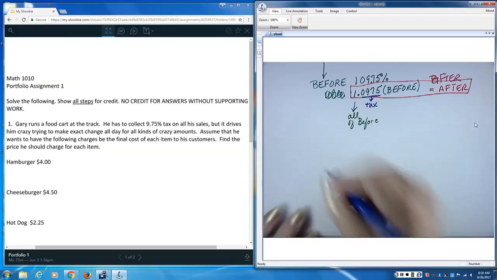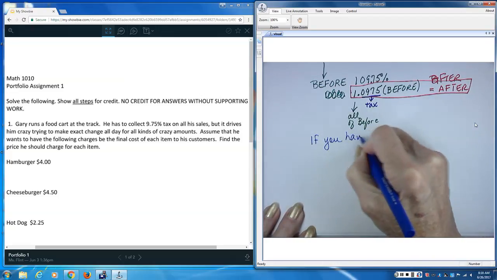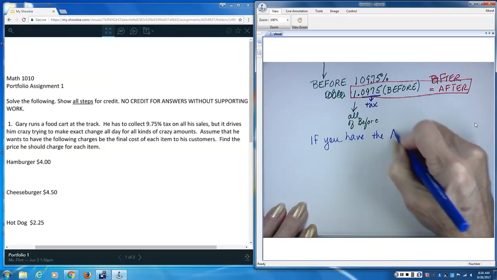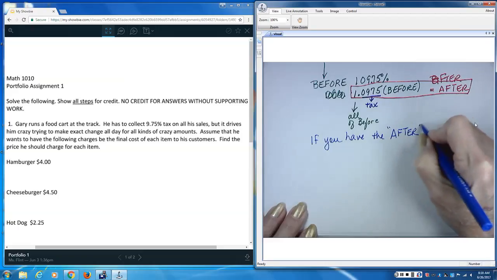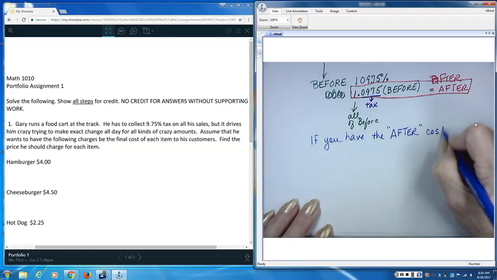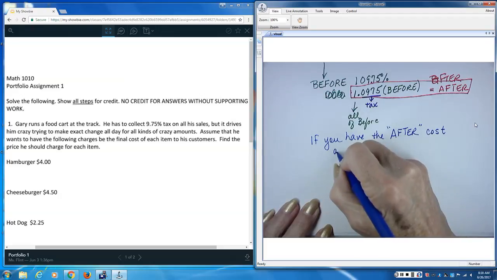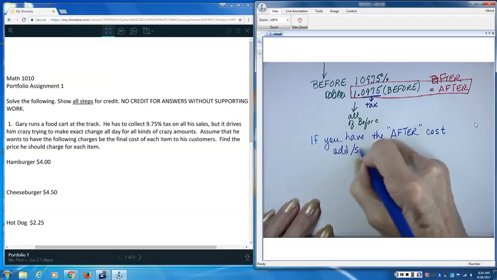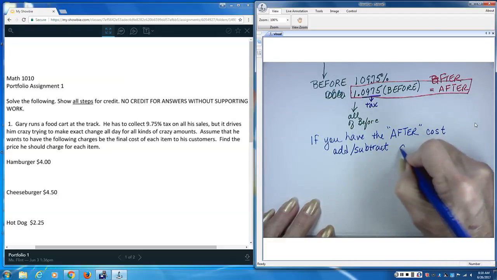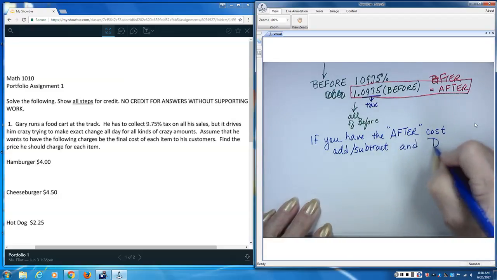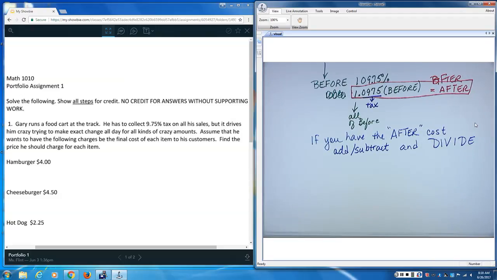If you have the after cost, you add or subtract and then you divide.